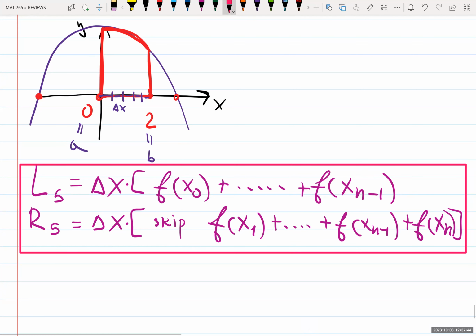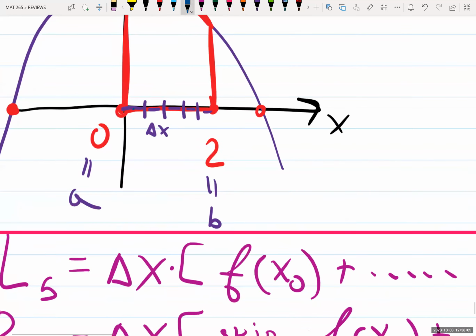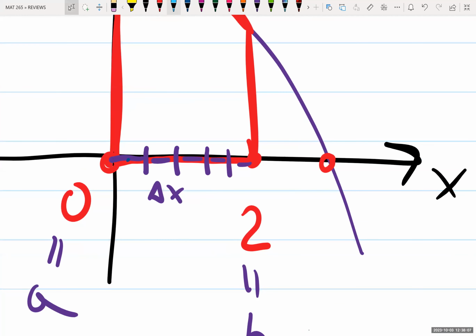And I think they also ask you the midpoint, which is even worse. The midpoint requires more calculation. It's not really a big difference, but it requires more calculations because it's still delta x, and you include all of them. But now you don't include x0. You include middles. Let me zoom in, which is very convenient that I can do that.